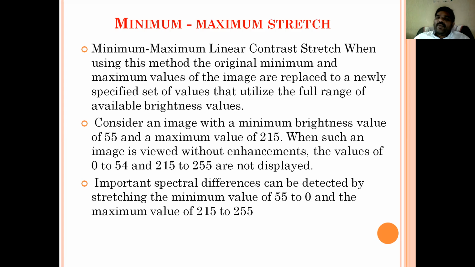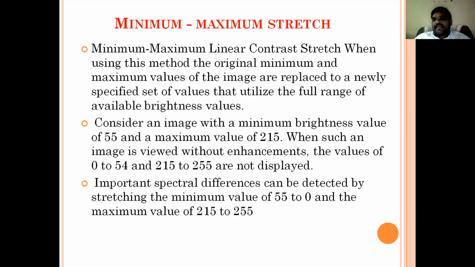The second point, I mentioned one particular example. Consider an image which has a minimum brightness value of 55 and a maximum value of 250. In that image, what is the display scale minimum and maximum? 0 to 255 in a normal computer, normal remote sensing applications. For this particular image, the minimum value is 55 and the maximum is 250.